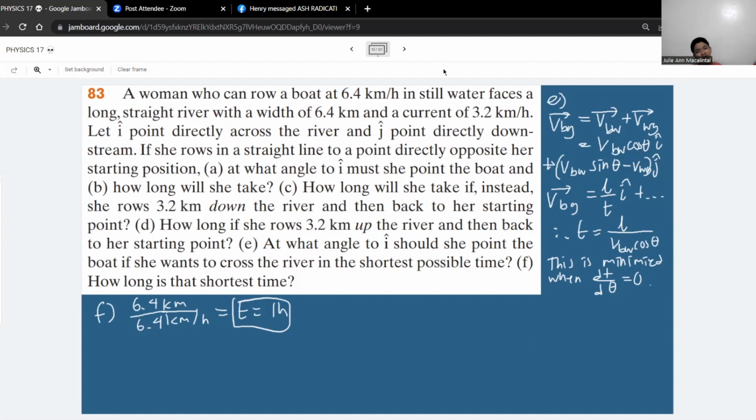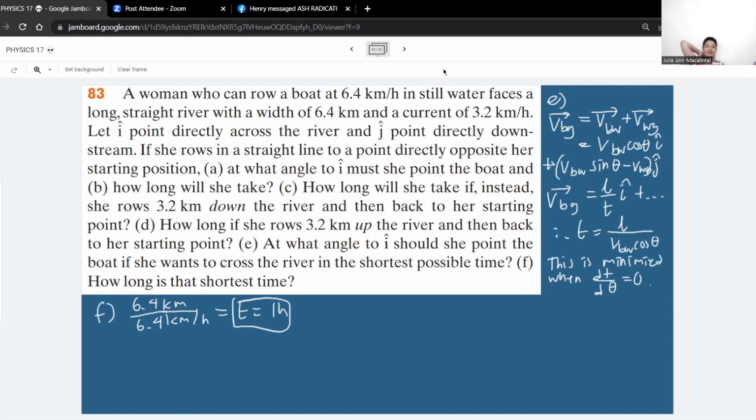So, 6.4 kilometers per hour. So, least possible time should be 1 hour. Hindi. Pag-isipan ko muna yan, paano i-justify ng maayos to? Kasi hindi ko rin maisip off the bat. It makes sense po, but it kind of doesn't.